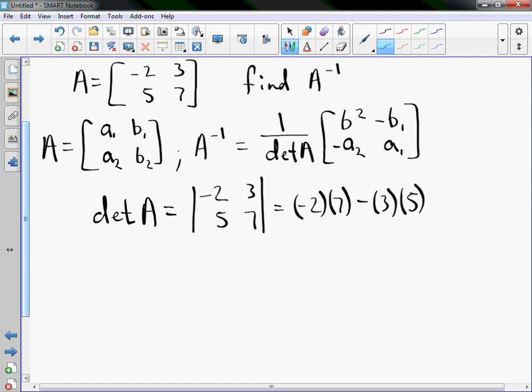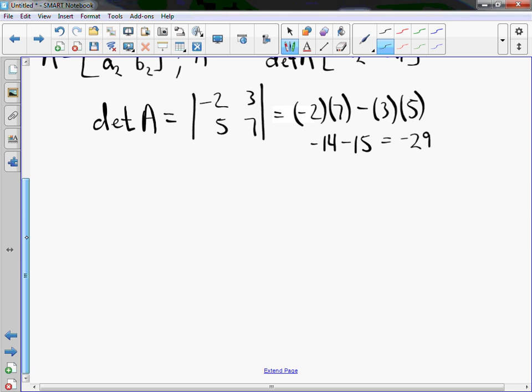So negative 14 minus 15. Negative 14 minus 15, that looks like negative 29 to me.